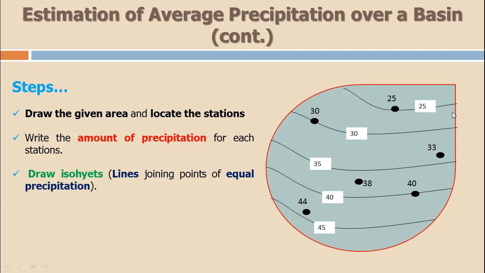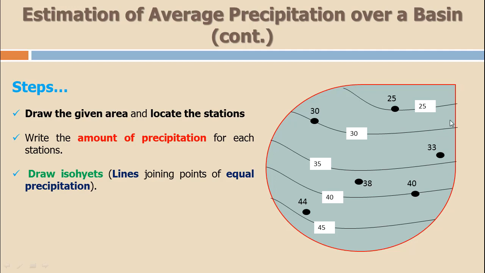Remember, all the points on these lines have the same precipitation of 25 millimeters. Similarly, here all the points have the same precipitation amount of 30 millimeter, and it is 35 over this line.